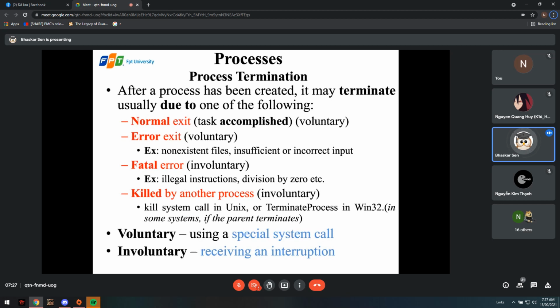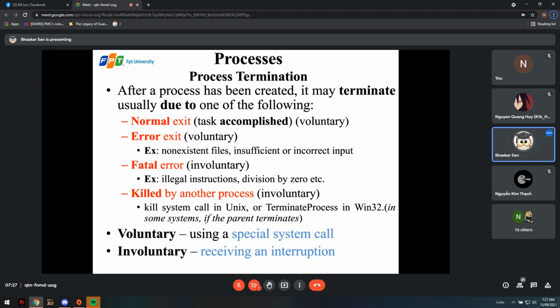There is an important issue, that is called process termination. How do we terminate a process? Well, when it comes to process creation, we understand who creates the process. Sometimes the user wants to run something, or it can be another process that decides to run something, so it creates a process.